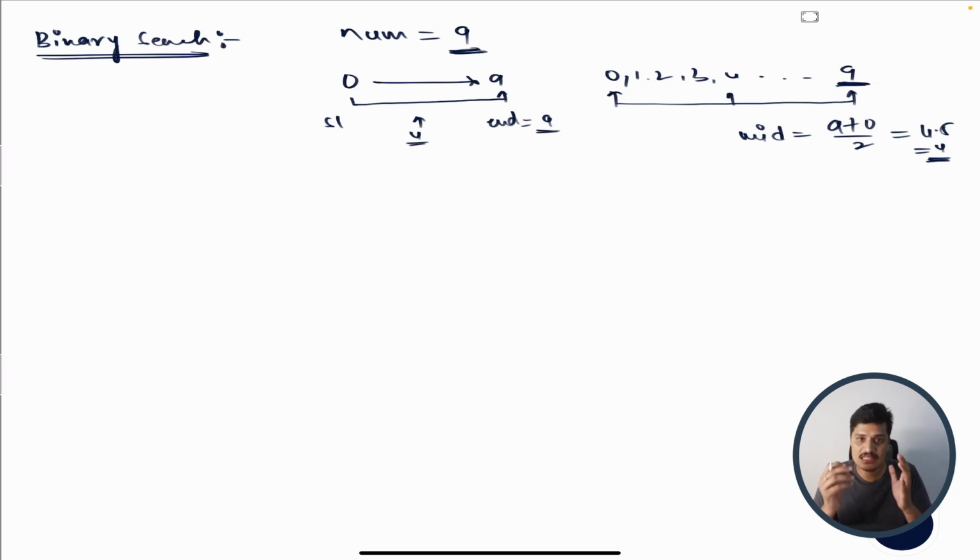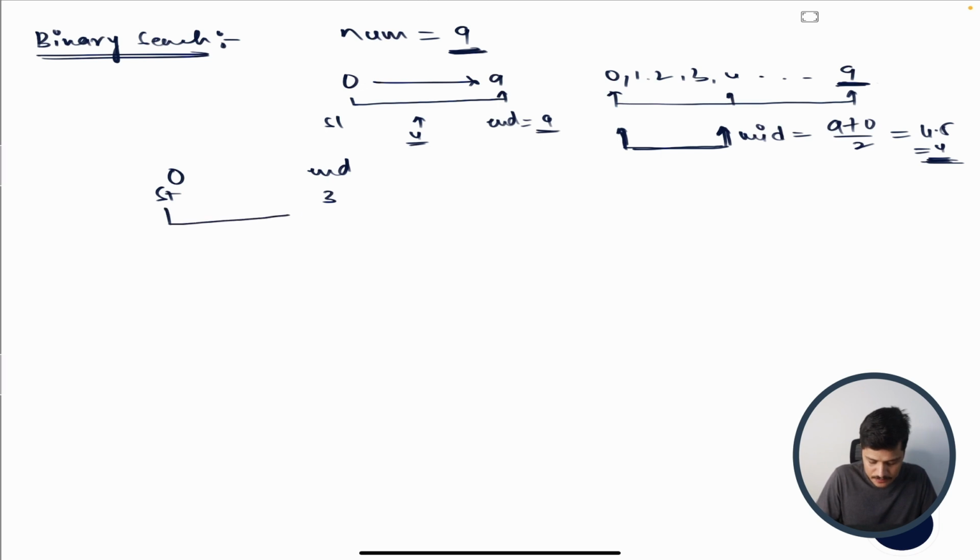That means the square root will be anywhere from start till middle minus 1. That is an important thing, because if we multiply 4 by itself we get 16, but the number we are looking for is 9. So it should be somewhere less than 4, right? That is the reason why start will be 0 right now and end will be middle minus 1, so it will be 3. So 0 to 3 will become our search range.